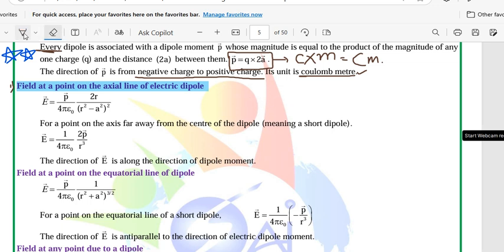Axial line. So it is an axial line. Consider an electric dipole consisting of two charges, minus q and plus q.